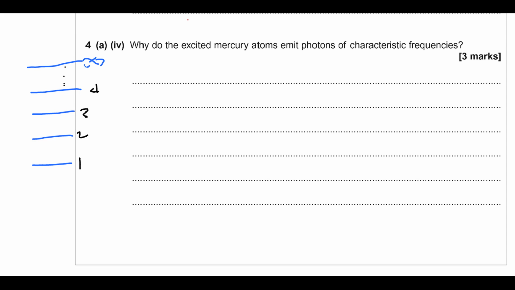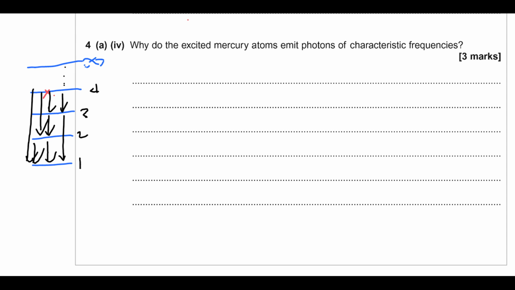So let's say we've got an electron that's currently been excited to here. What it's going to do is de-excite. It might take this path, might take that one, might take this one. It might just jump all the way down. But whatever it's doing, it's got to take these fixed paths, and that's why we get these fixed or characteristic frequencies.